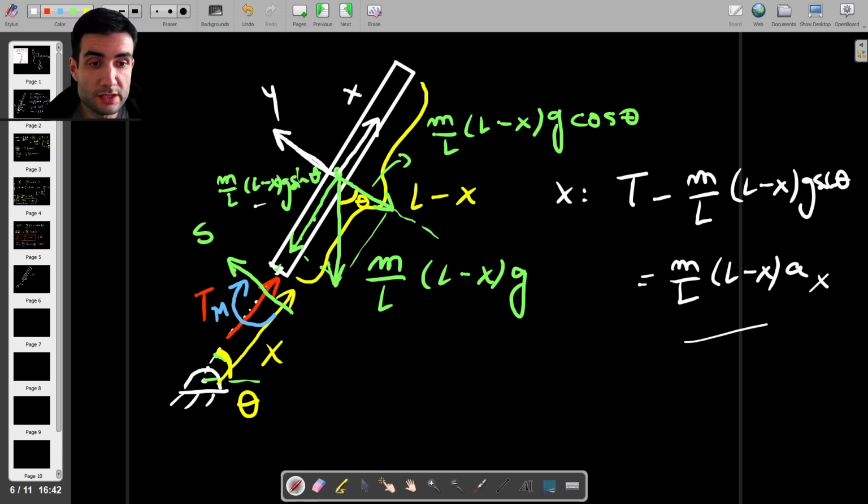Now thankfully we won't have to use this equation at all, because we don't care about the tension force. Instead we will have to use the other two: the y direction as well as the equation regarding the rotation of the bar.